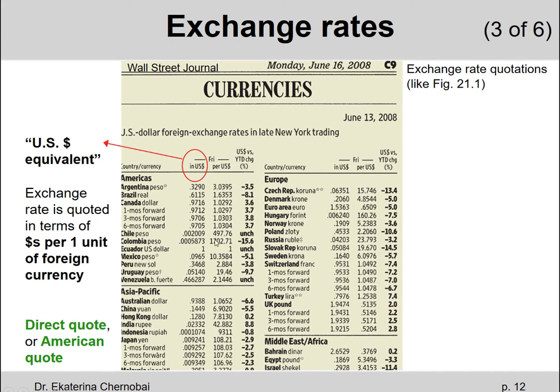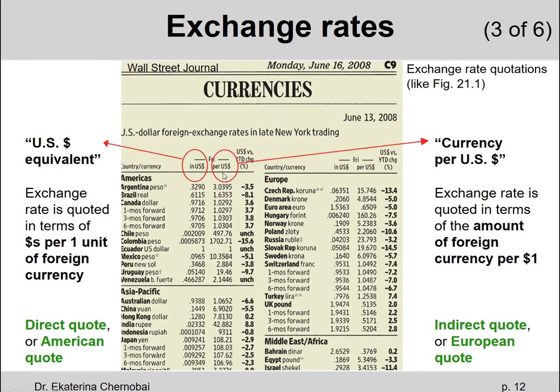Now the second column in this table, it's the other way that the same exchange rate can be expressed. It's labeled as per US dollar, which means for every number in this column we always have $1, right? And the numbers in this column are the amounts of other countries' currencies.